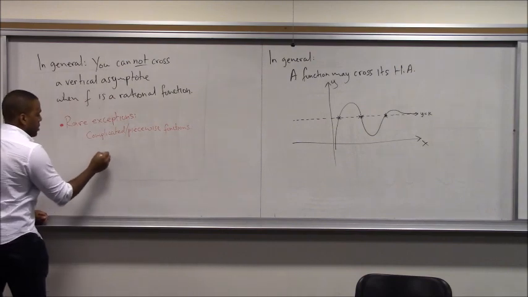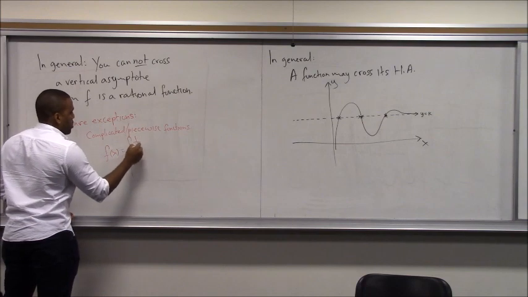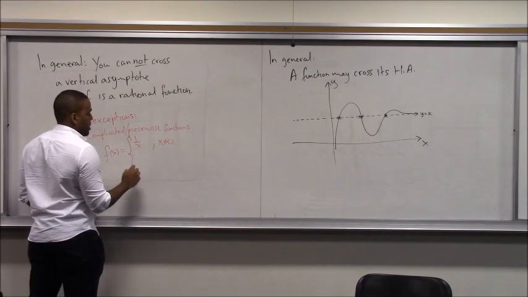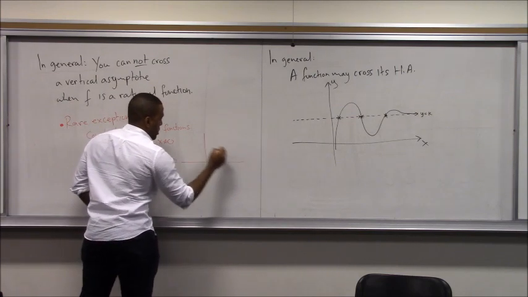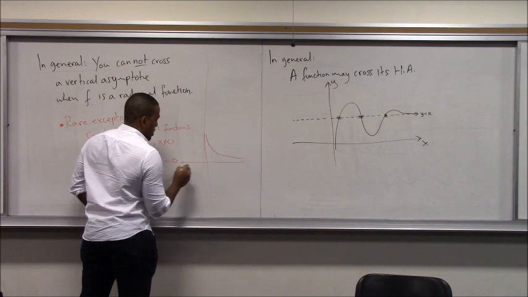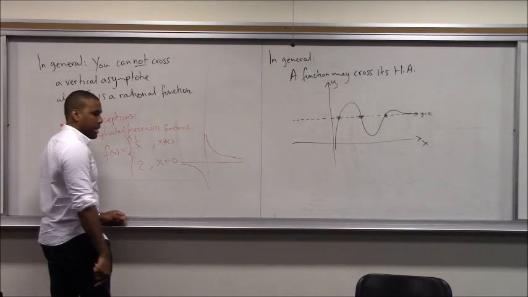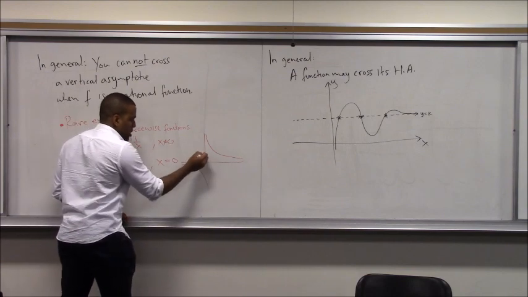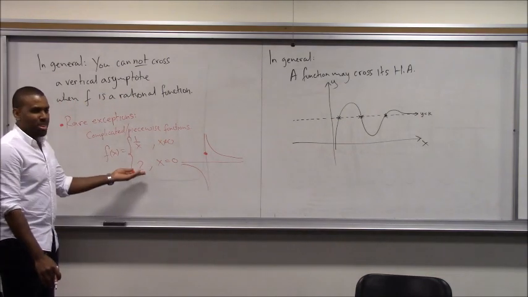Okay, so for example, if someone defines a function like it's 1 over x as long as your x is not 0, but we define it to be 2 when x is 0, then this graph is going to look like this. 1 over x will never touch its vertical asymptote because a division by 0 happens there. But here they're just like, okay, we're just going to fill in this point. So technically your f touches the vertical asymptote, but it's not a very typical case.